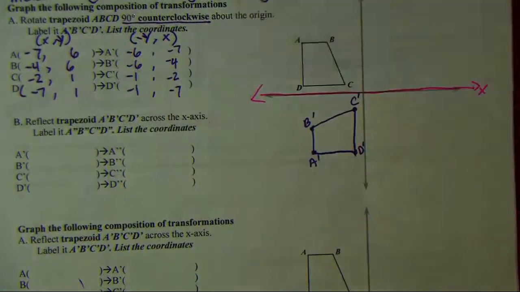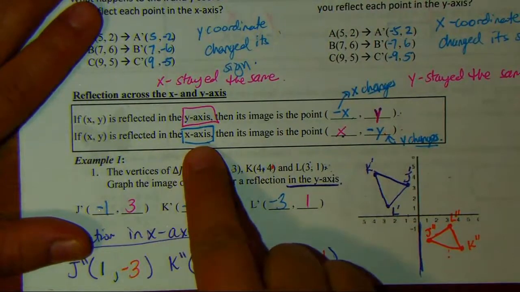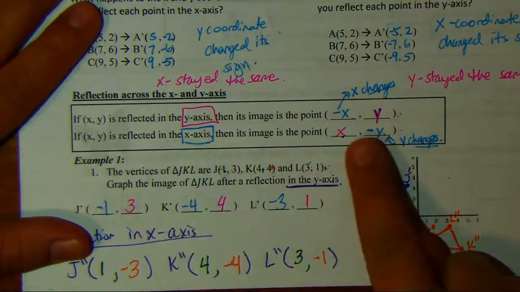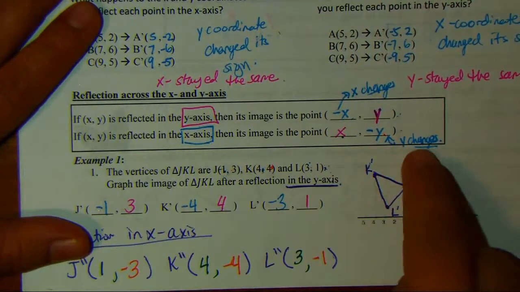So if you remember when we talked about reflection in 4.2, reflection across the x-axis, our rule is that every point becomes x comma negative y. So the y changes its sign.